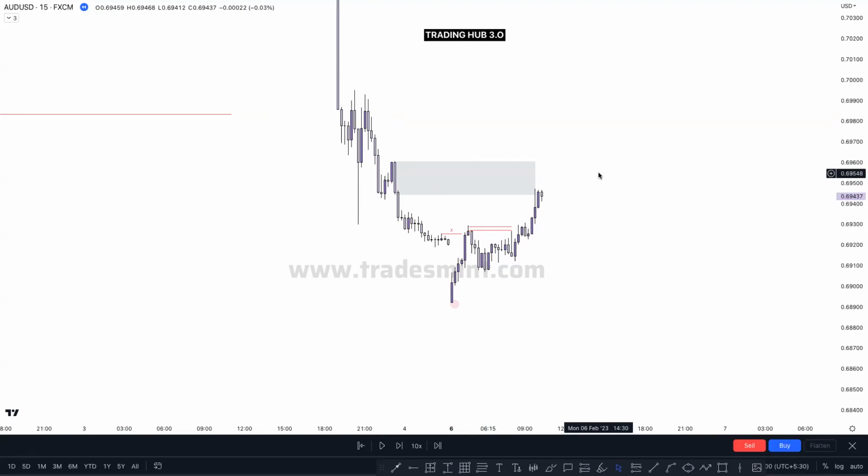But if you are using H1 as a higher time frame, then you can use 5 minute for entry. And if you are using 4 hour as a higher time frame, then you can use 15 minute as an entry time frame, right? So it depends on which time frame is suitable for you.